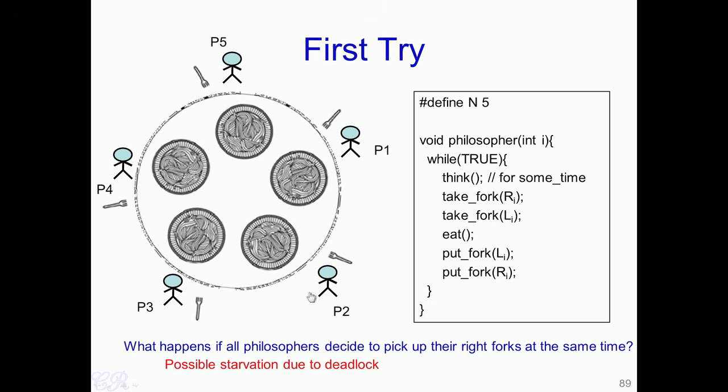Then P2 is waiting for P3 to put down the fork, P3 is waiting for P4 to put down the fork, P4 is waiting for P5, and P5 is waiting for P1. So, essentially we see that every philosopher is waiting for another philosopher, thus creating a chain, and this waiting will go on infinitely, leading to starvation, which we often call a deadlock.